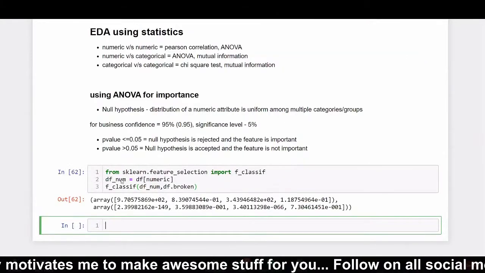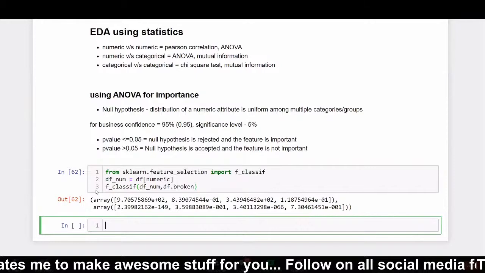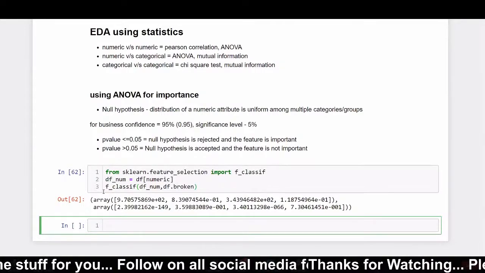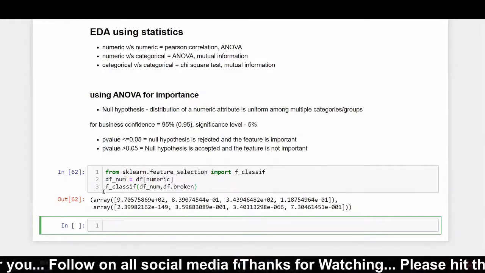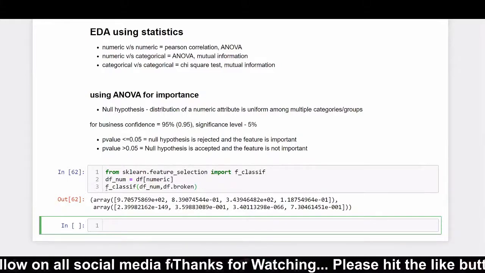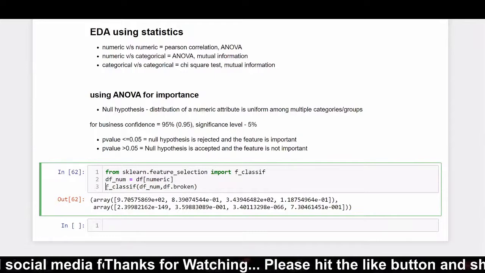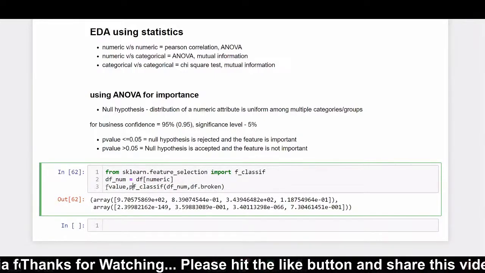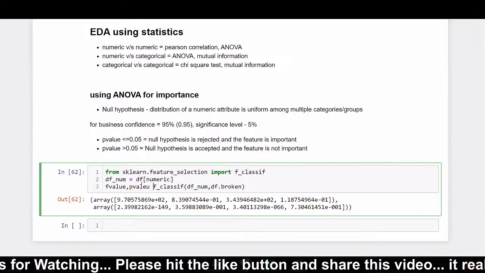It returns, I'm just missing the order of it, yeah, first is the F statistic, so f value comma p value equals this.